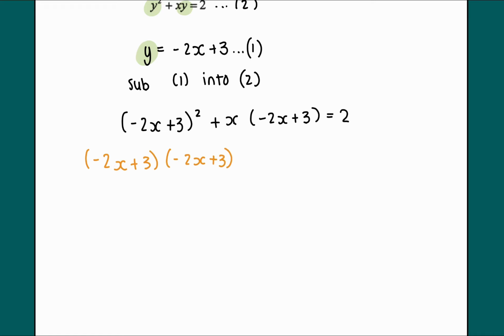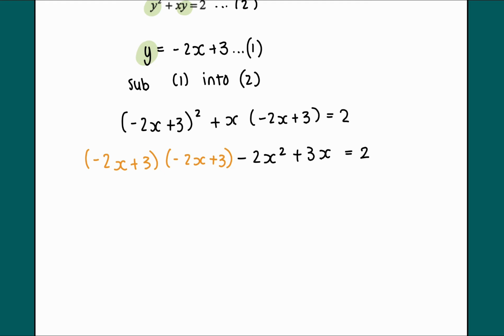But under exam stress and conditions, sometimes you guys just like to FOIL in that too, which is incorrect. Okay, you can't tell me it's 4x squared plus 9, because then you're completely missing the middle term. So that's why I always say rather write out the brackets and then do the foiling. All right, plus, and now that would become a negative 2x squared plus 3x is equal to 2.